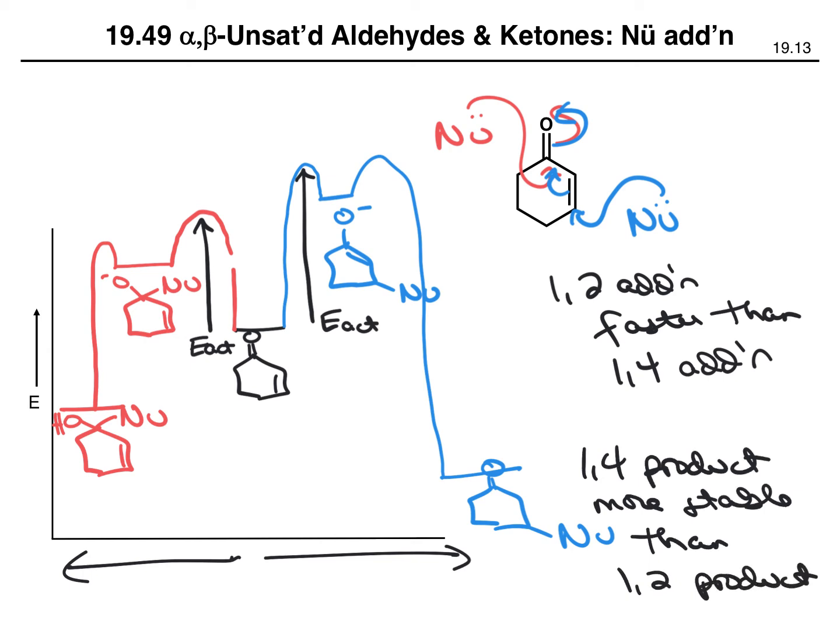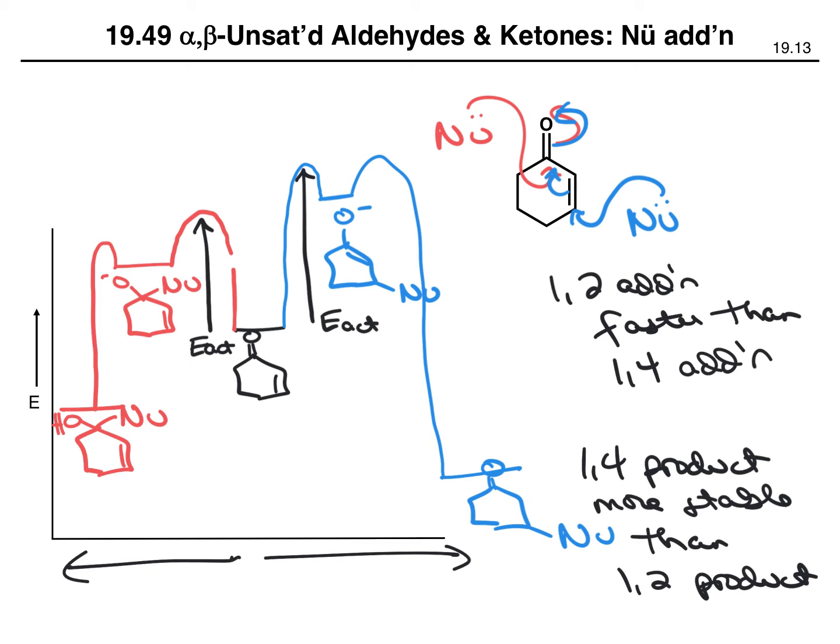So we talked about this type of situation when we talked about kinetic versus thermodynamic control. In some cases, the kinetic and thermodynamic products are the same. In some cases, they're different. In some cases, it can be controlled by changing the temperature of the reaction. And in some cases, it's determined by the nature of the reagents.